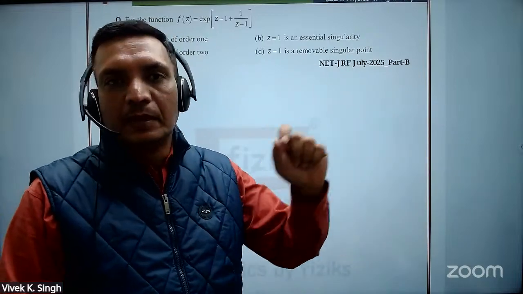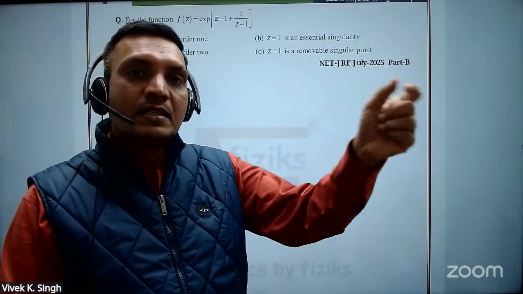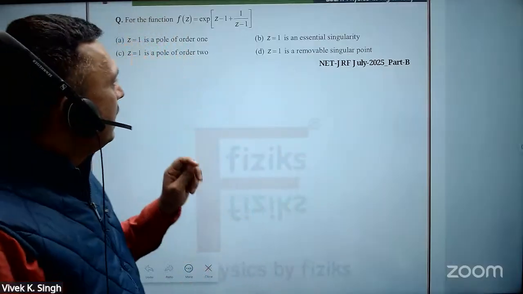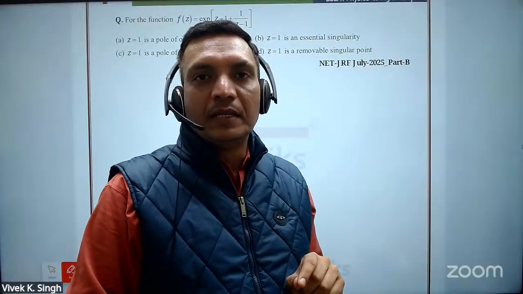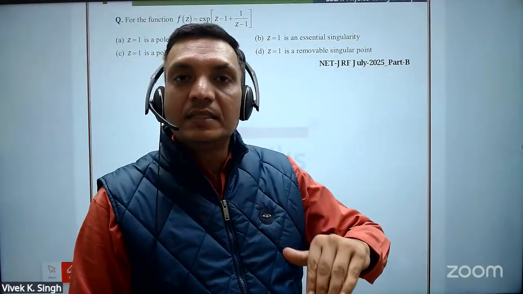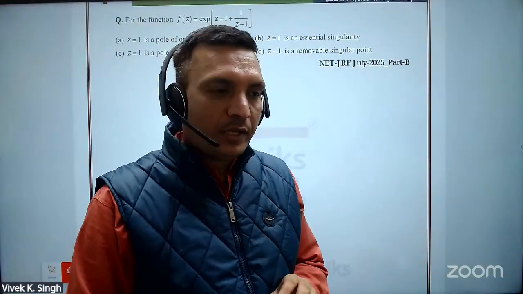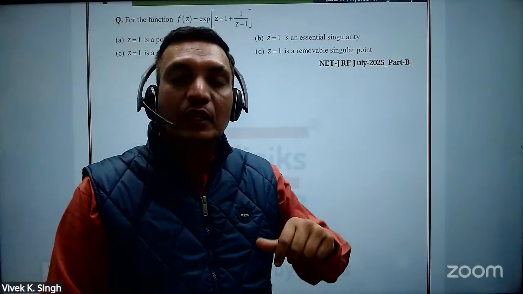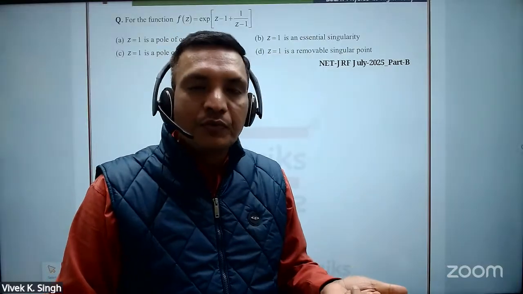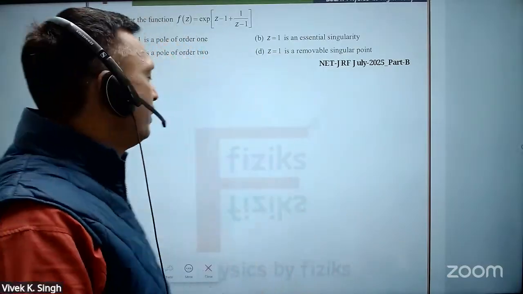That is the finite number, the highest power possible. And if it has an infinite number of negative powers of (z minus a), then we say that it has an essential singularity at z equal to a. So we will see the expansion and then see whether in the Laurent series there are an infinite number of terms or a finite number of terms.